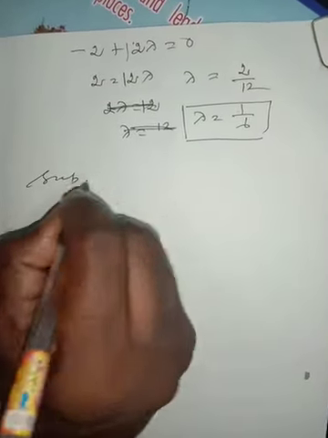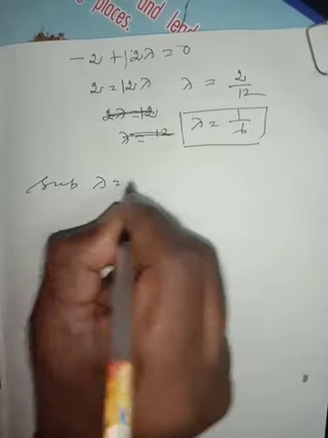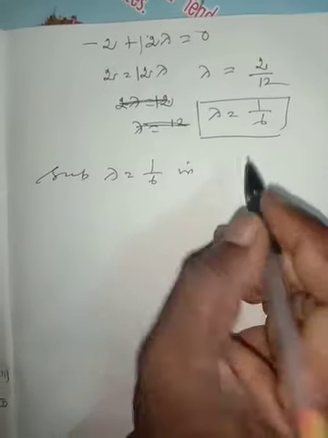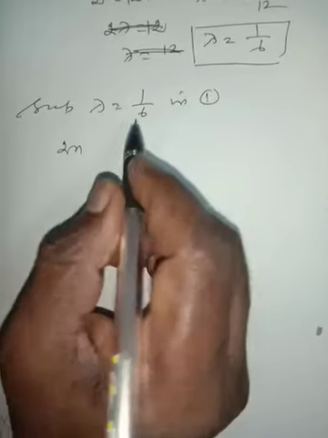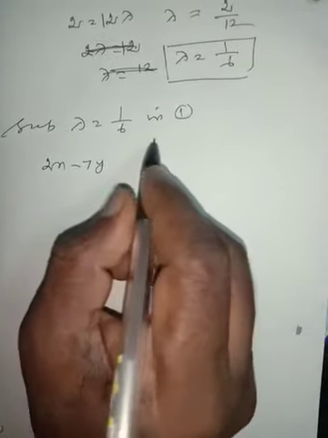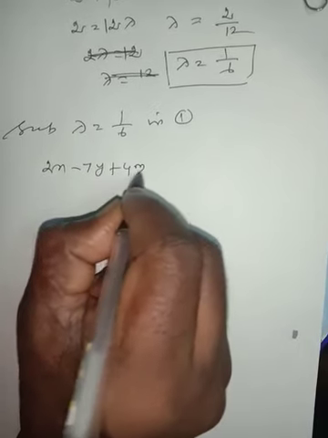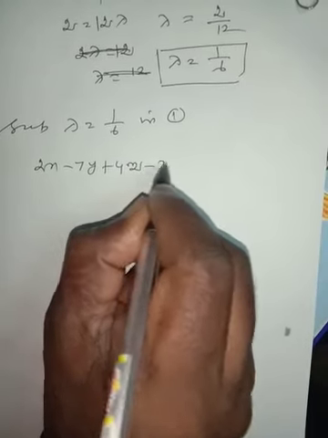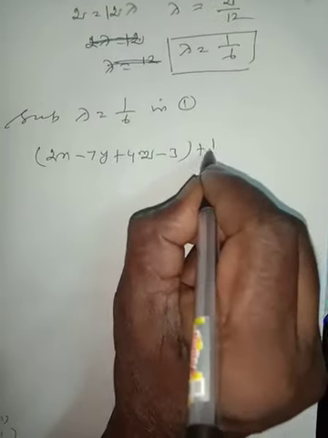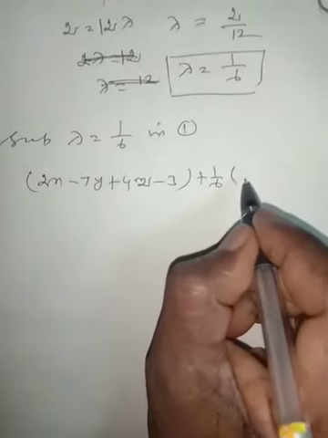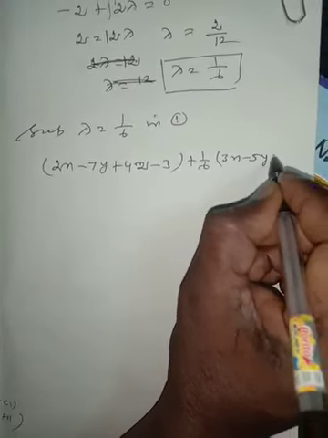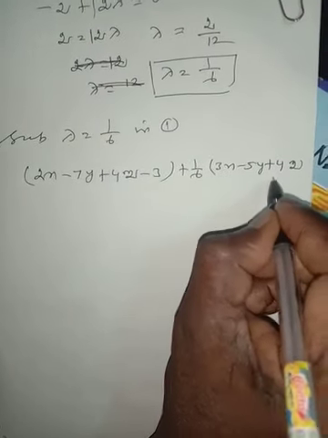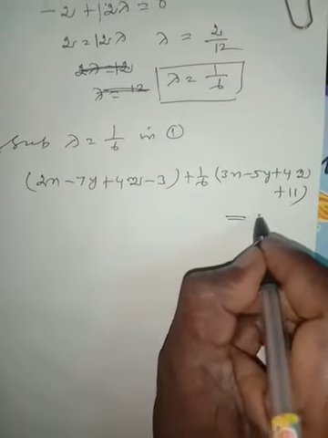Substitute the value of lambda is equal to 1 by 6 in equation number 1: 2x minus 7y plus 4z minus 3 plus 1 by 6 into 3x minus 5y plus 4z plus 11 is equal to 0.